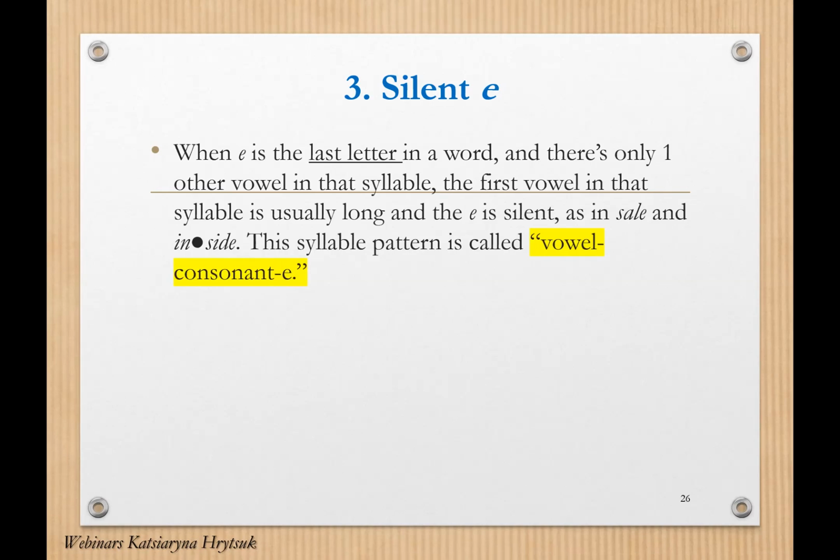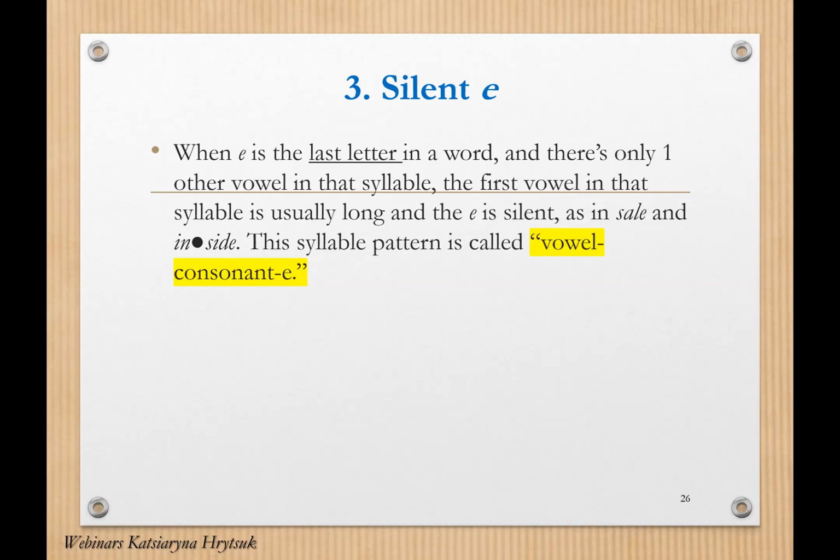As in sail, so we don't read E, right? And inside, so we also don't read E. This syllable pattern is called vowel consonant E. I was talking about it when we had the table with the syllables.